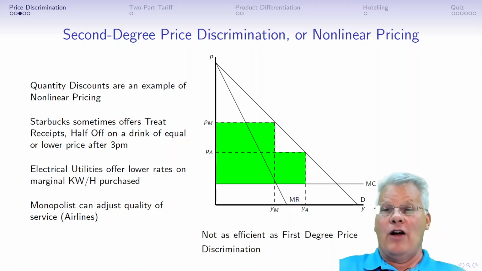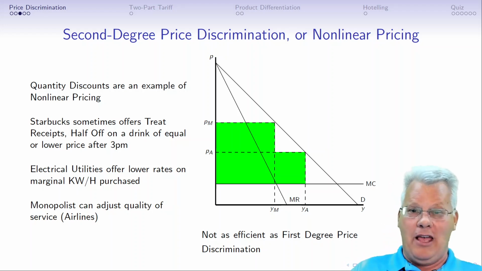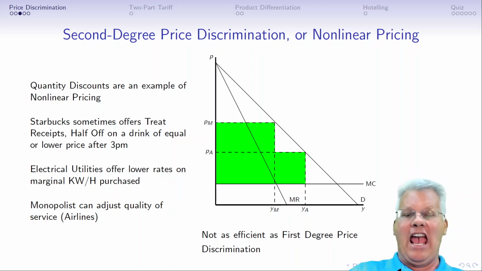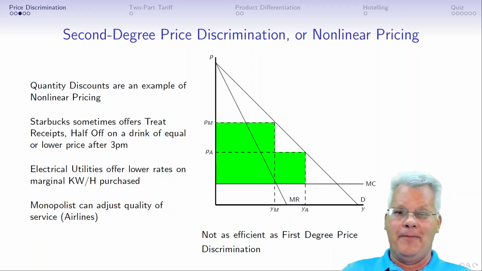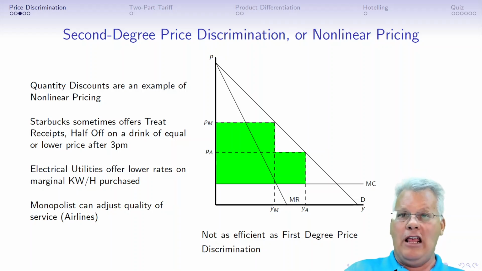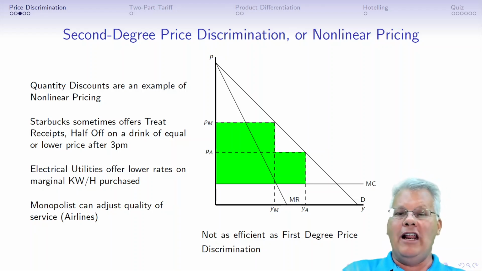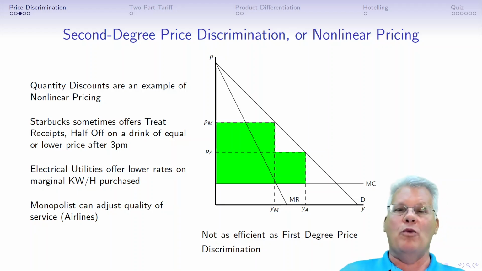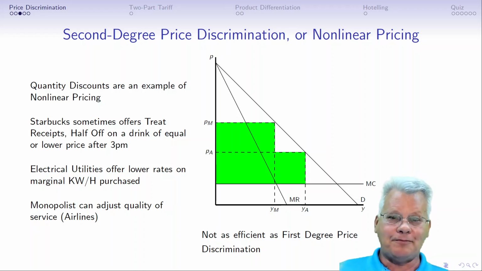What this allowed Starbucks to do, you see this diagram in the center of the page, is capture that additional square of revenue off to the right. So they get their profit maximizing price and quantity from the people early in the morning, but then by offering a quantity discount, they're able to sell additional units of output at a somewhat lower price and capture more consumer surplus.